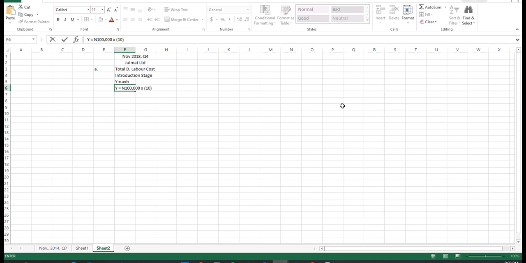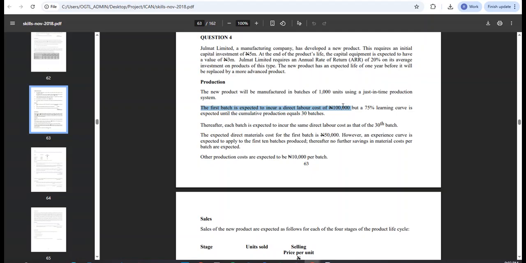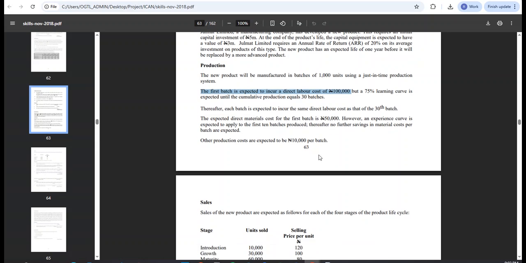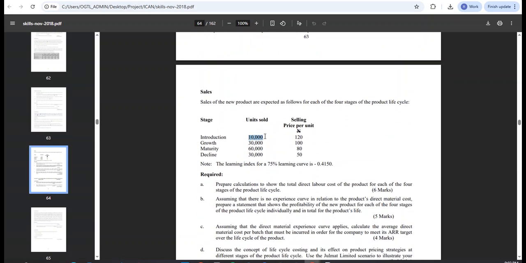How do you get the 10th batch? If I'm producing 1,000 in a single batch, how many batches will I produce to get to 10,000 units? 10 times. So 10, right?